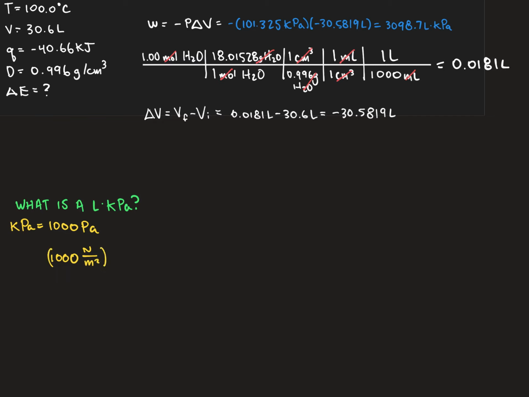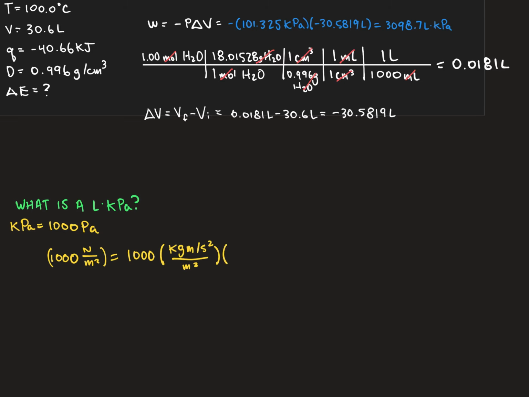Now remember, a Newton itself was a kilogram meter per second squared. So 1,000 kilopascal, therefore, would be 1,000 newtons, or kilogram meter per second squared, divided by meters squared, and then multiplying that value by liters.